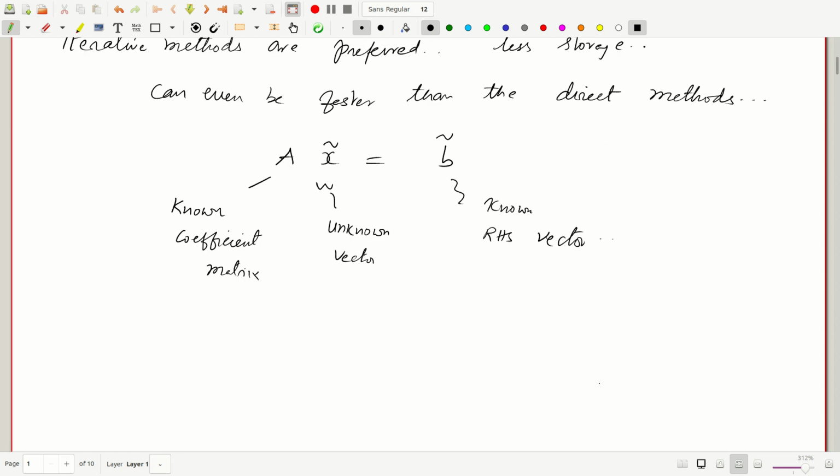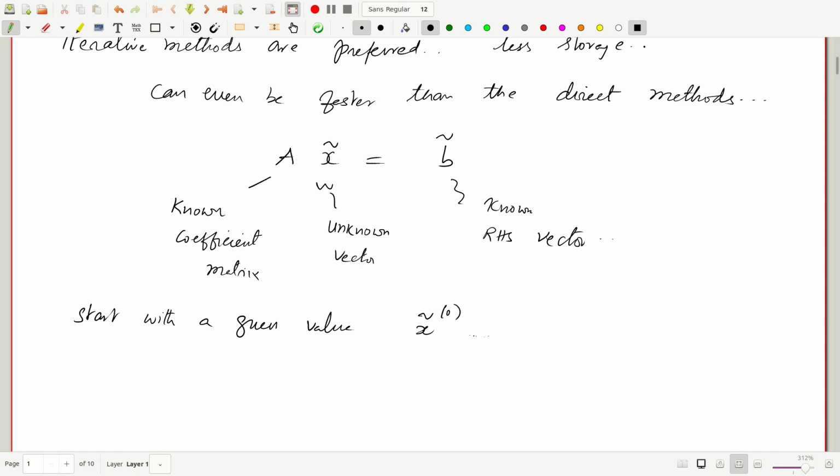In iterative methods, the general philosophy is that we start with a guess value for the vector x tilde, let's call it x tilde 0.